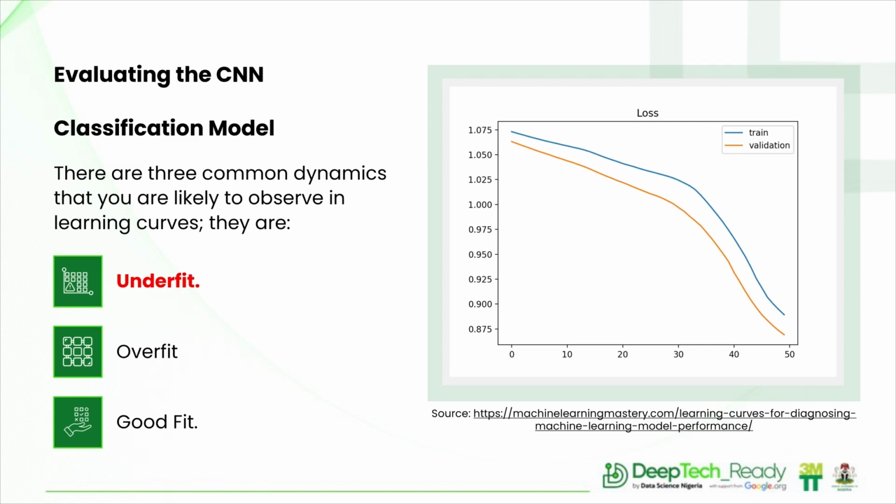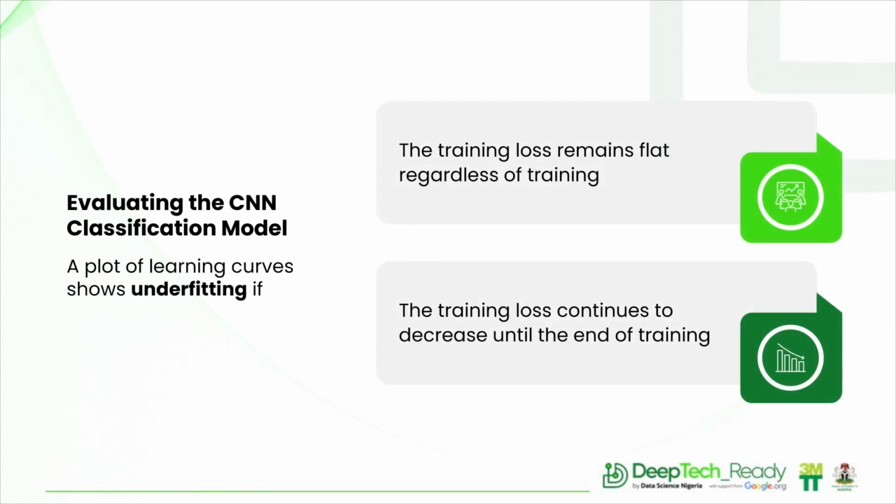This indicates that the model is capable of further learning and possible further improvements can be obtained. Probably the training process was halted prematurely. Now, a plot of learning curve showing underfitting can be identified if the training loss remains flat regardless of the training, and if the training loss continues to decrease until the end of the training.